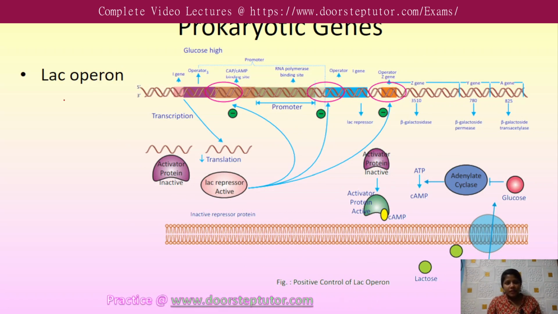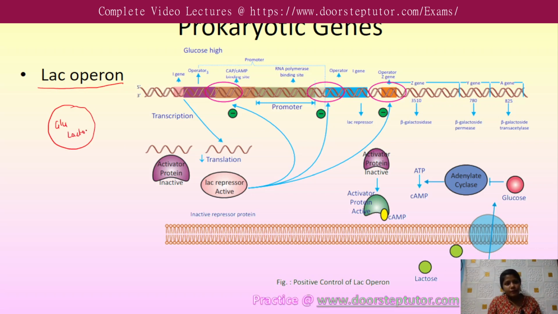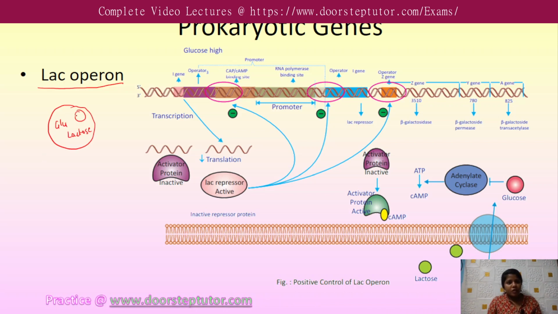Next we will see the Lac Operon when it is active. But before moving to Lac Operon, we will take the example of bacteria which is growing in the medium which contains glucose and lactose. And this is the bacteria. So first preference is given to glucose.